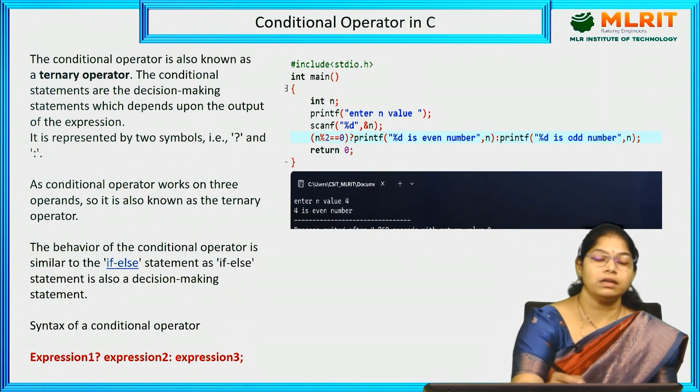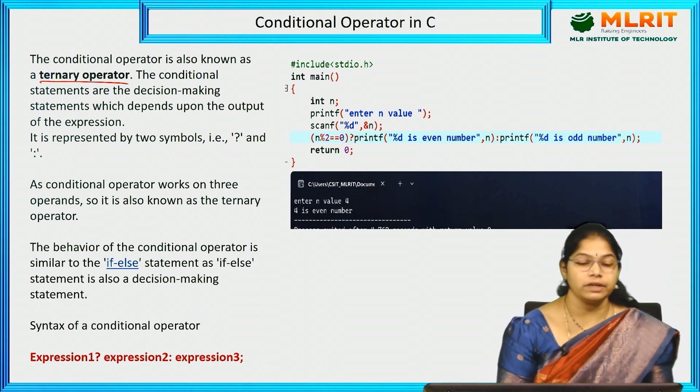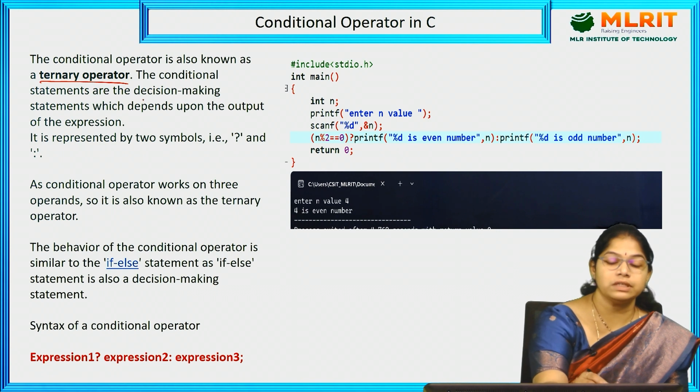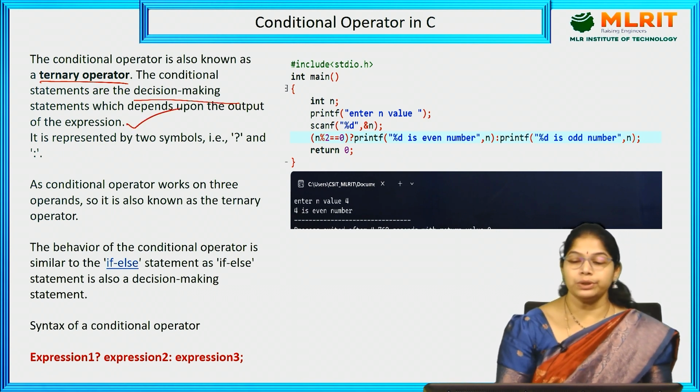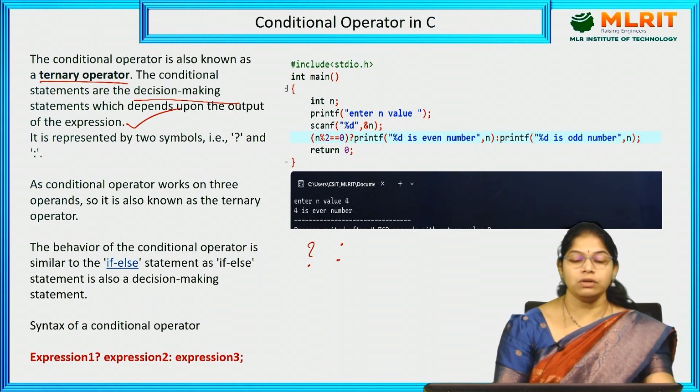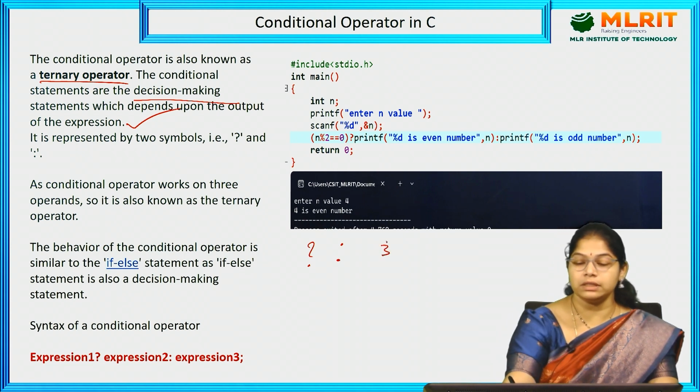Conditional operator. Conditional operator is also known as a ternary operator. This conditional statement is used for decision making, depending upon the expression. Conditional operator uses two symbols, that is question mark and colon. A conditional operator works on 3 operands. It needs 3 operands.